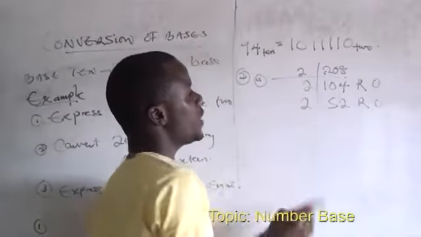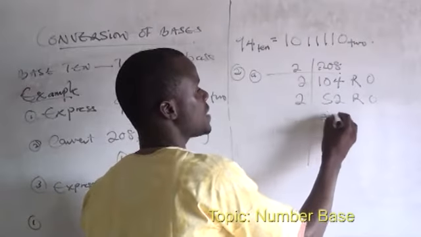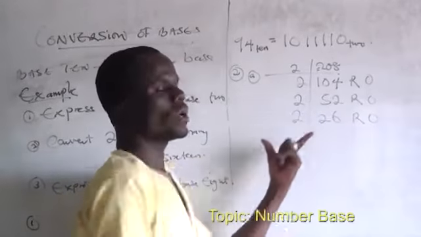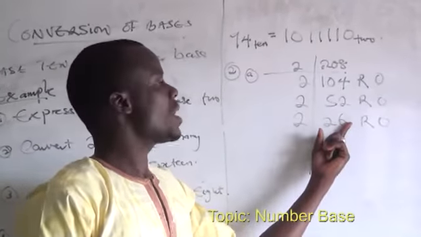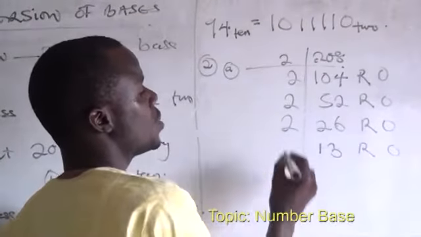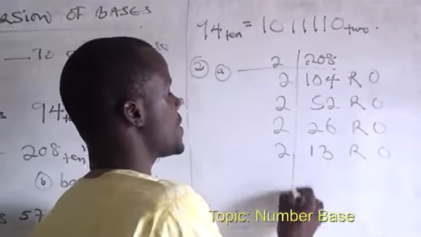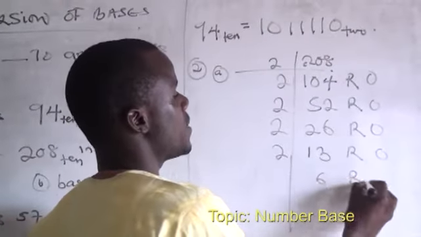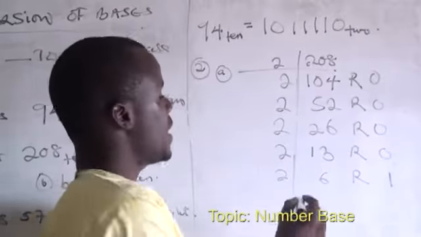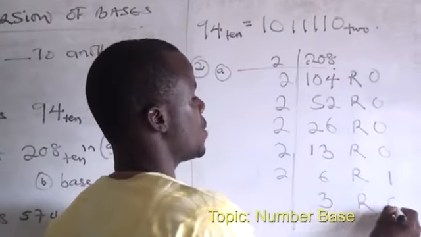Then 2 into 52 goes 26, remainder 0. Then 2 into 26 is 13, remainder 0. Then 2 into 13 goes 6 times, remainder 1. Then 2 into 6 goes 3 times, remainder 0.